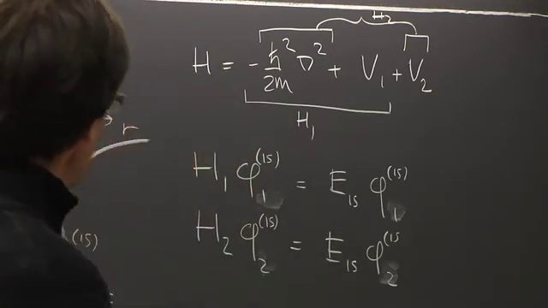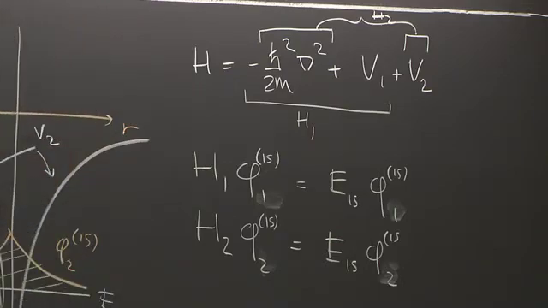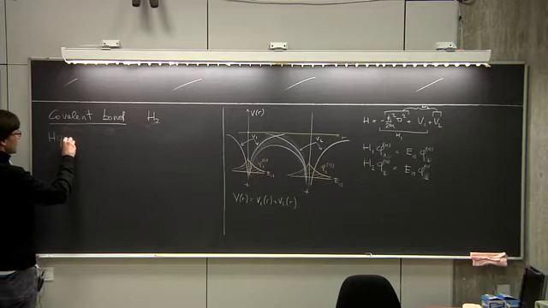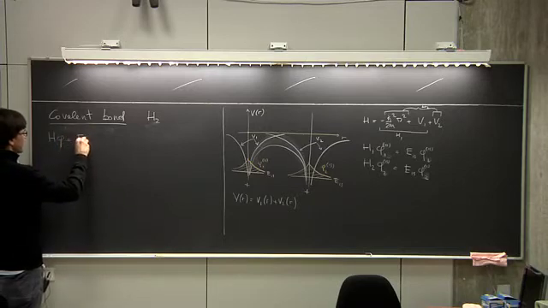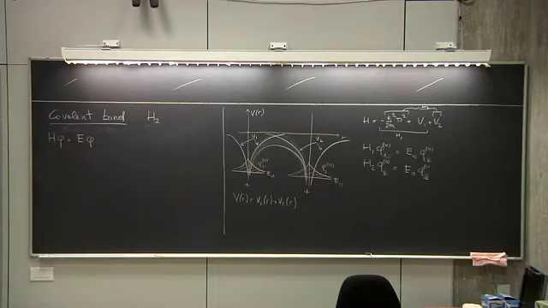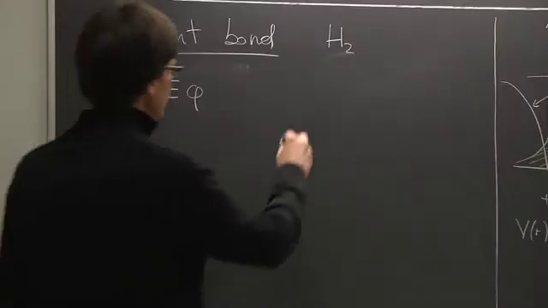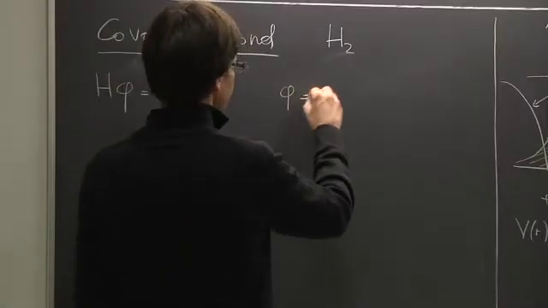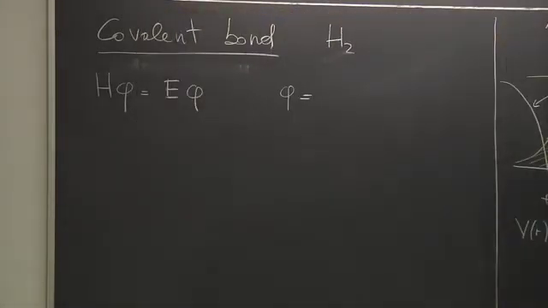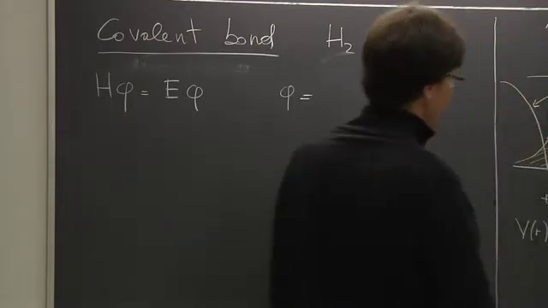When I look for the solutions of Hamiltonian H, that is, wave functions phi such that this is an eigenstate of H, H being the full Hamiltonian given by V1 and V2, I look for solutions where phi is a linear combination of these two orbitals, these two wave functions.